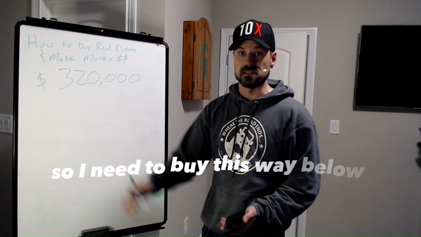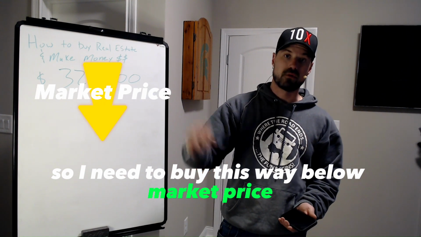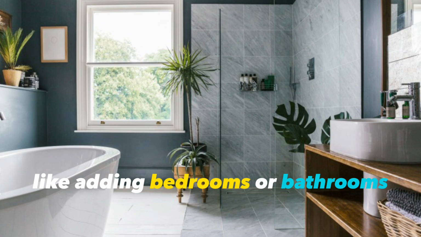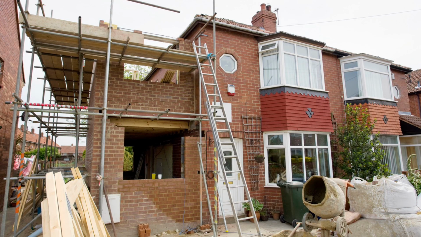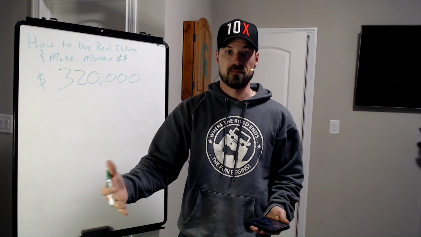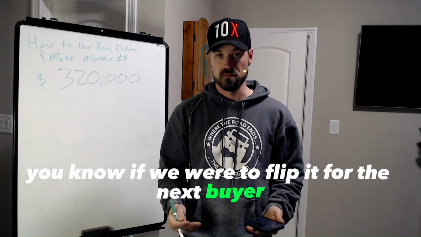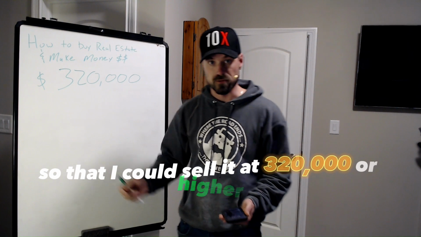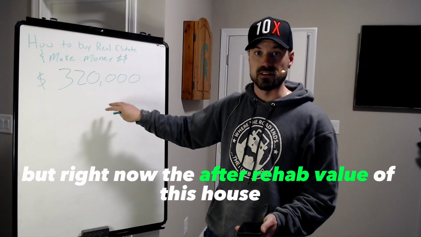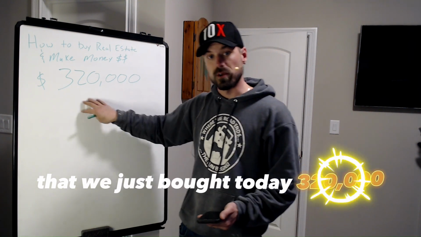So I need to buy this way below market price and put some value into it, like adding bedrooms or bathrooms, rehabbing the house, making it look really nice for a tenant, or if we were to flip it for the next buyer, so that I could sell it at $320,000 or higher. But right now, the after rehab value of this house that we just bought today is $320,000.